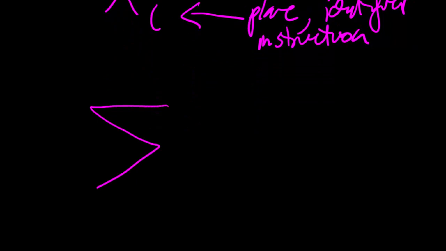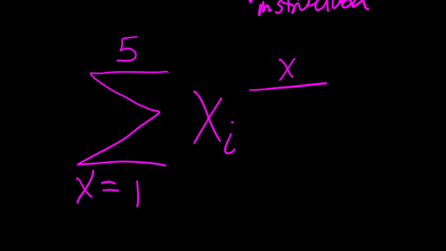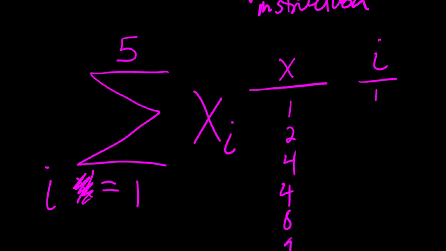Sometimes you'll see something kind of weird, not in statistics per se. Well, in statistics, but you say i is equal to 1, right? That means start at 1. You might actually see i equal to 1 all the way to 5. Sorry, that's not an x at all, it's an i. X is 1, 2, 4, 4, 8, and it keeps going, and i is 1, 2, 3, 4, 5, 6.